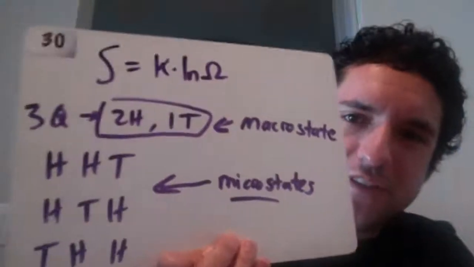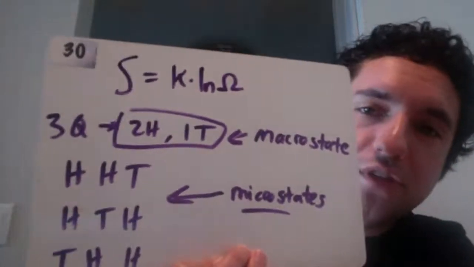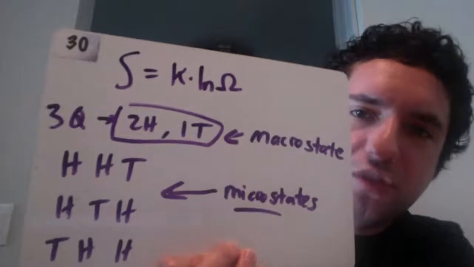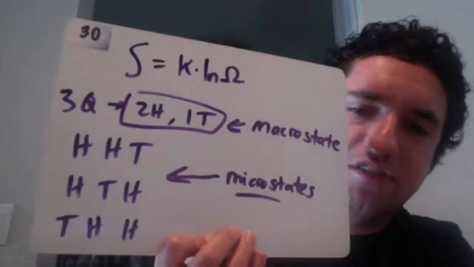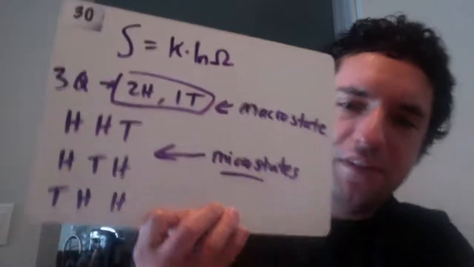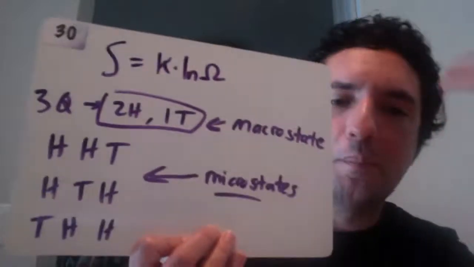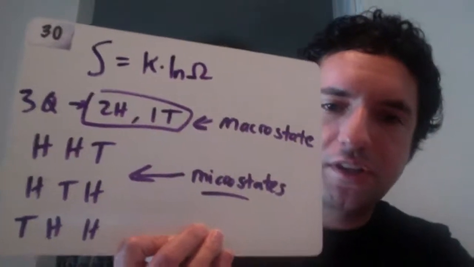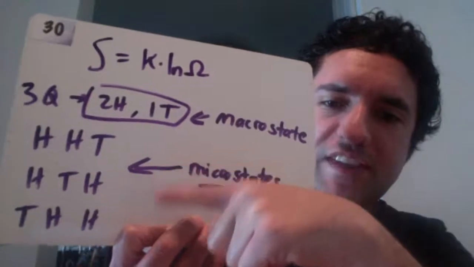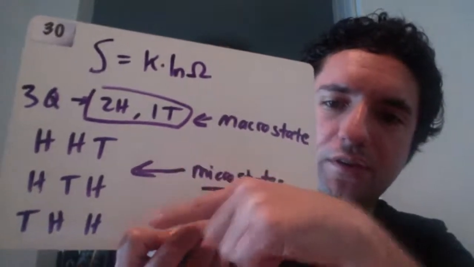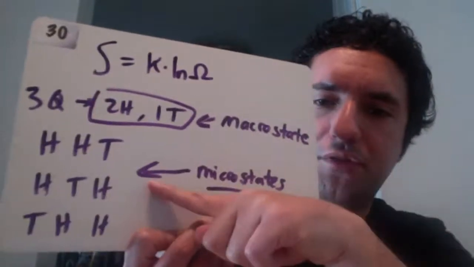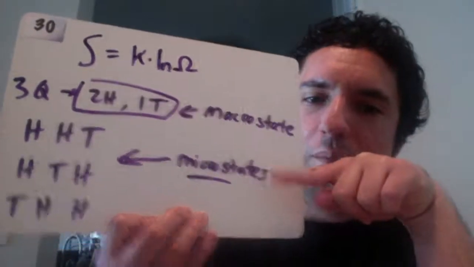This will be on Canvas next week in the notes. That possibility of 2 heads and 1 tail is the macro state I'm trying to reach. The possible ways you can attain that, and there's only 3 here, those are the microstates. That would be 3 microstates.